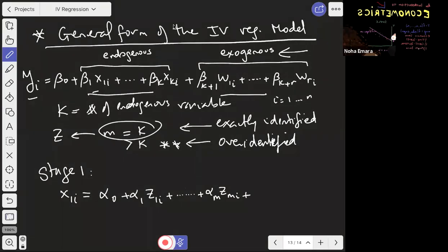I also have to include the set of exogenous variables.